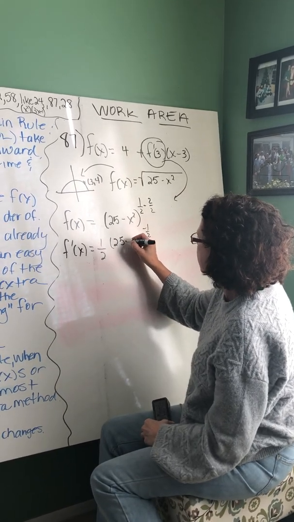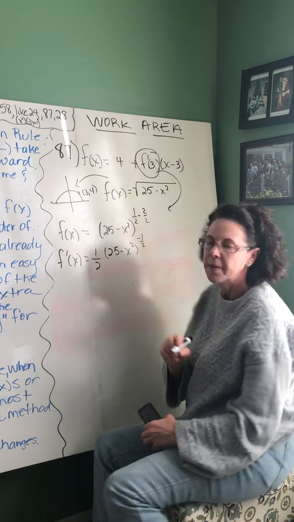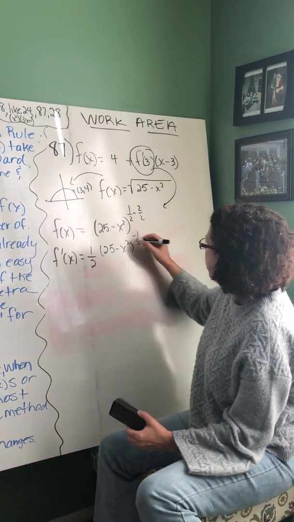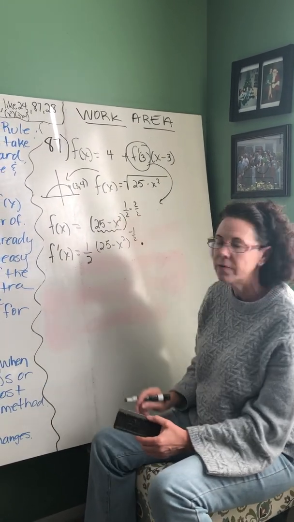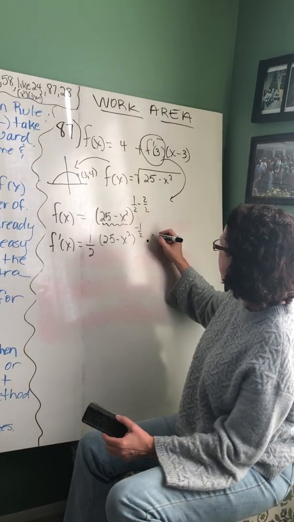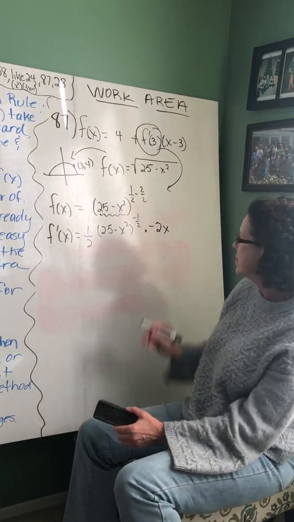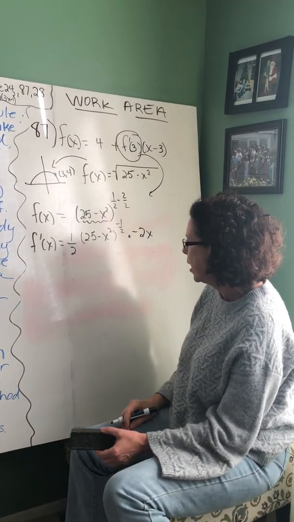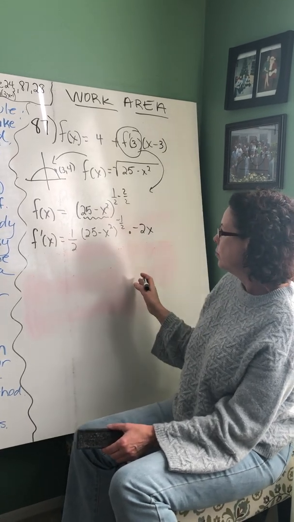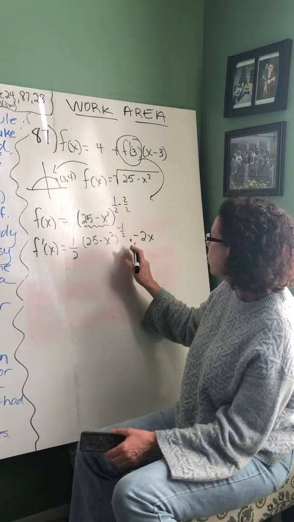My anything is 25 minus x squared. By the chain rule, I remember I haven't yet taken the derivative of the inside function. I'm going to now and multiply it. That's a negative 2x. Okay? Now, I know you feel like you want to clean this up a little bit. You're welcome to.